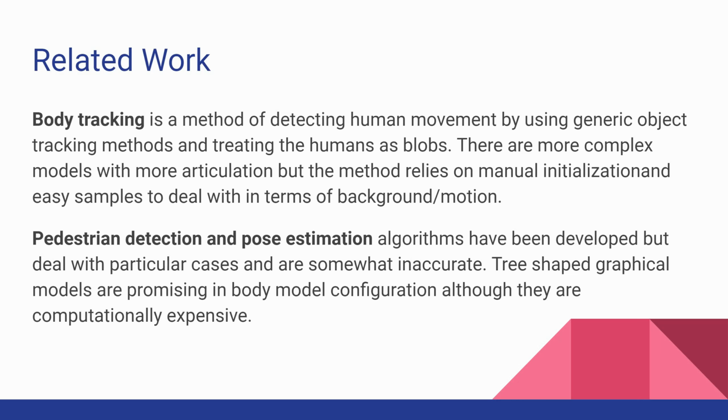Those more articulated methods are done by layering different processes and steps. Pedestrian detection and pose estimation algorithms have been developed but deal with particular cases and are somewhat inaccurate. Tree-shaped graphical models are promising in body model configuration, although they are computationally expensive, which is another thing that they're trying to tackle in this paper.